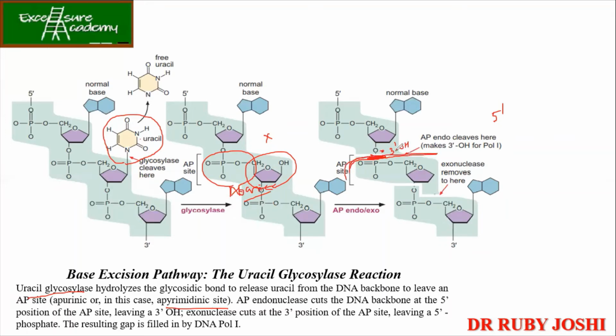Here your 3' group is free and here you have got the 5' phosphate group free. Can you see? The entire sugar and phosphate is being removed. Later, the gap is filled by DNA polymerase 1 and ligase will come and reseal it. Is it clear, guys?